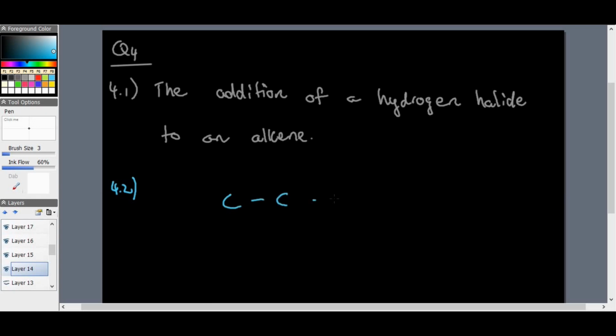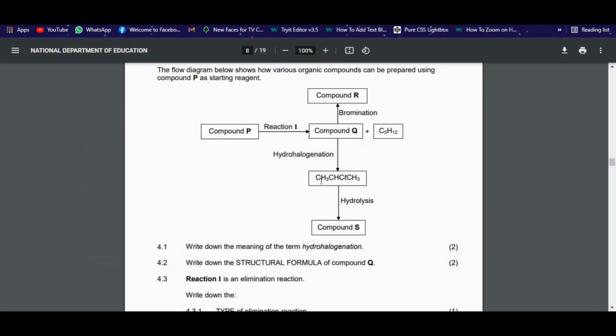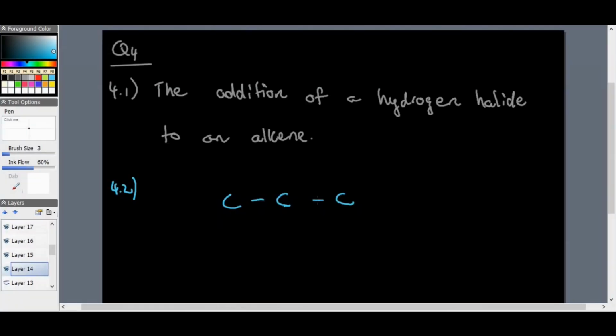The definition for hydrohalogenation is that it must be an addition of a hydrogen halide to an alkene. So we know it's an alkene, and based on the position of chlorine, that's going to be the first carbon. So I'm definitely going to make the double bond here. Make that a bit of a straight line. And then let's add the hydrogens in here. H, H, H, H, H, H. Hope that makes sense.